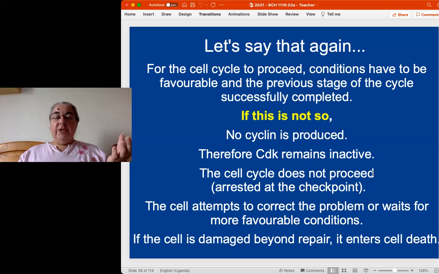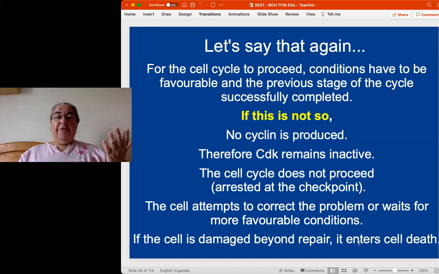So if the checkpoint is not passed, if the cell cycle is arrested, the cell will try to correct the problem. It will try to make it right and fix whatever is wrong. Or if the conditions are not right, if there is a shortage of food, it waits at that checkpoint until conditions become better.